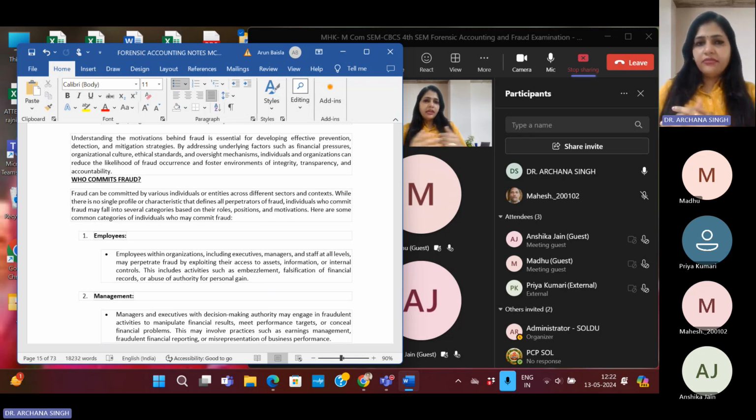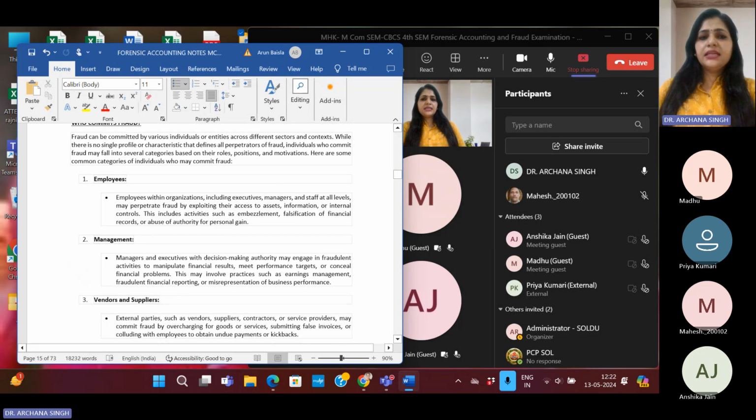Fraud can be committed by various individuals or entities across different sectors, different contexts. While there is no single profile or feature that defines the perpetrators of fraud, individuals who commit fraud may fall into several categories based on their roles, their positions and motivations. So first is employees, those who are related with the organization.